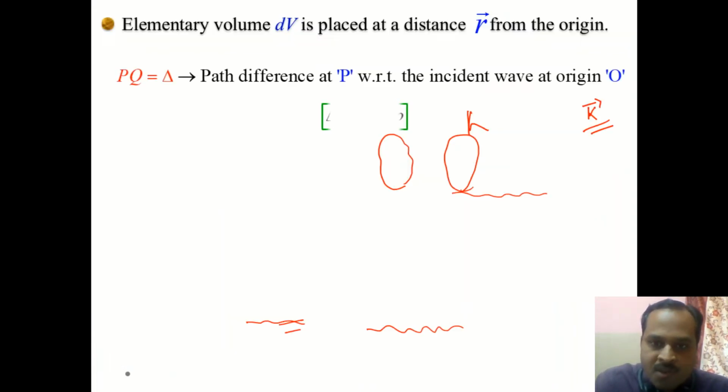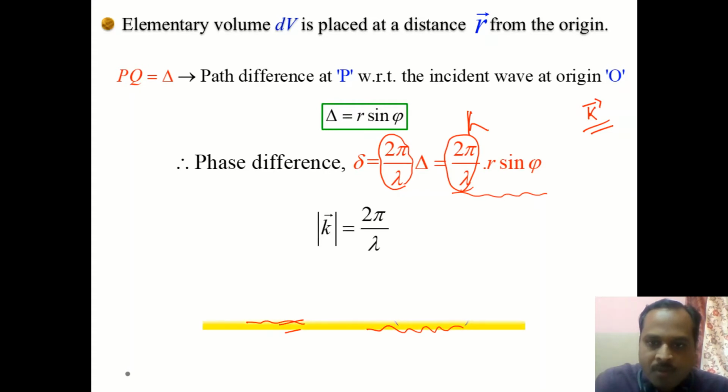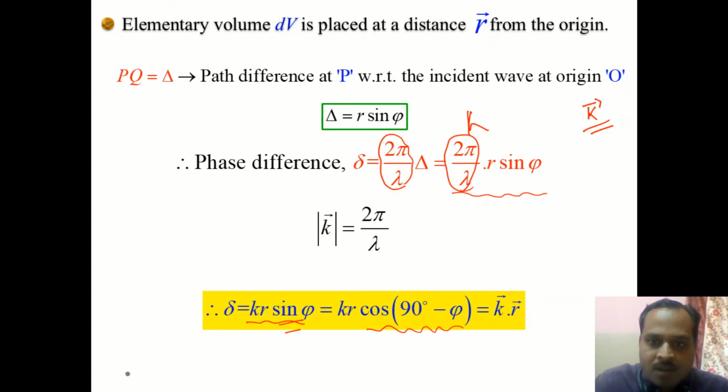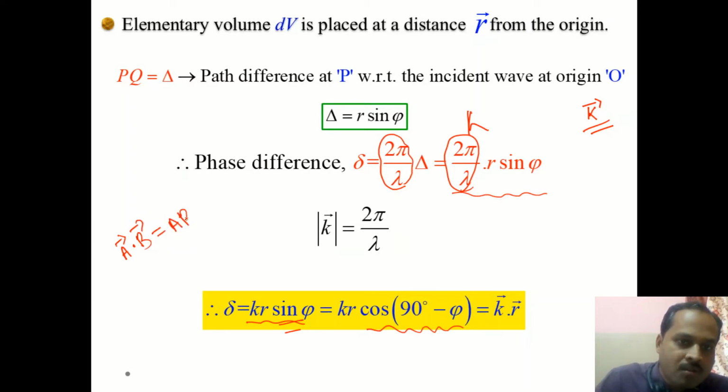So it can be represented as the dot product of the vector k and the vector r, because we know that for any vectors, a dot b is equal to the magnitude of a times the magnitude of b times the cosine of the angle between these two vectors.